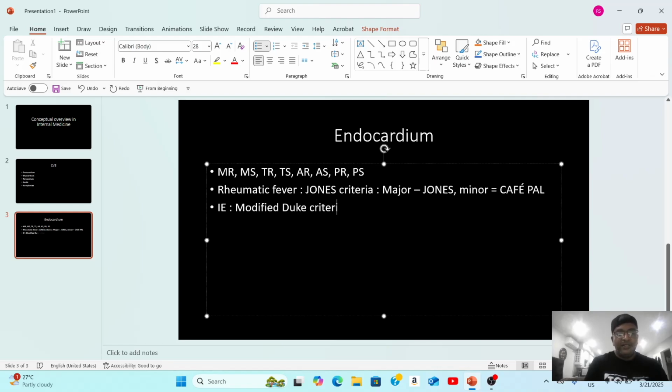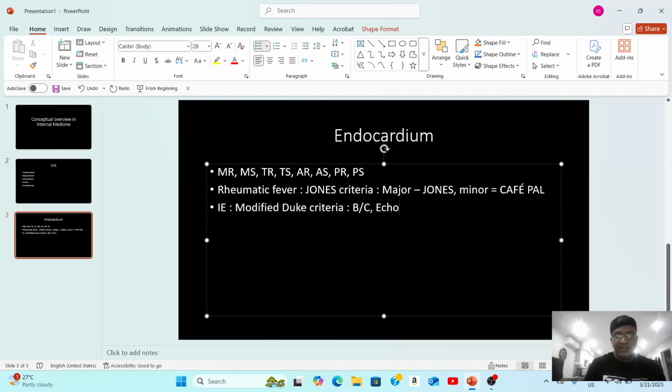So the major criteria here usually has to do with either blood culture or echo, right? And you've got typical organisms which cause infective endocarditis on persistently positive blood cultures. So we know, right, this group A beta hemolytic strep, it's Staph aureus, there's a group of organisms and a couple others. Echo, of course, will show you vegetations on a valve, or may show you a root abscess, or may show you dehiscence of a prosthetic valve, and so forth.